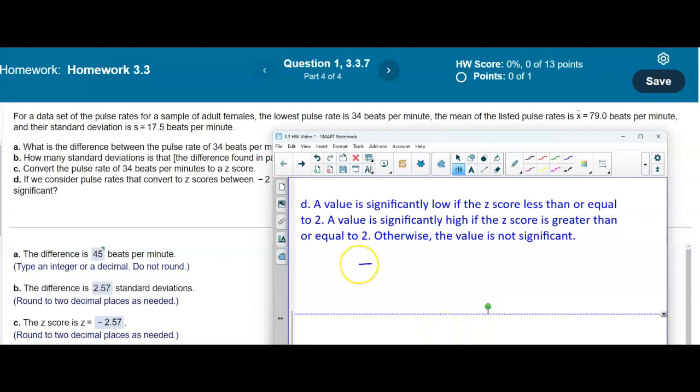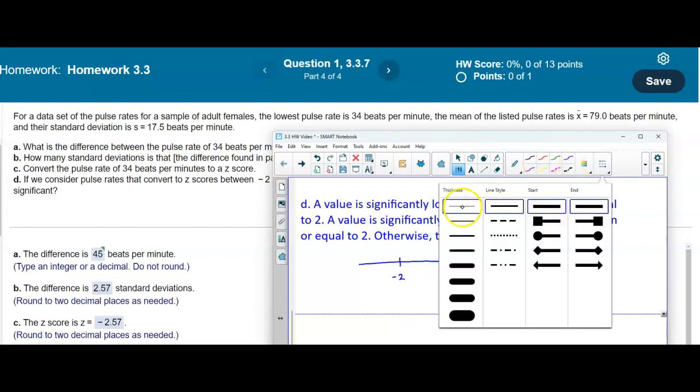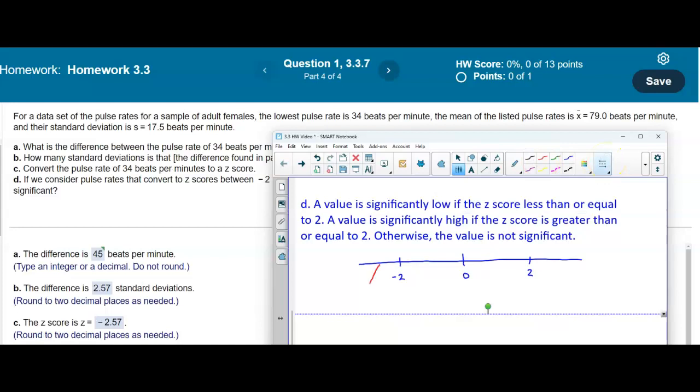So if we want to look at the z-score, we know that the mean, in this case, is going to be 0. We know that we have -2 here, and then we have +2 here. So our value of -2.57 is over here.